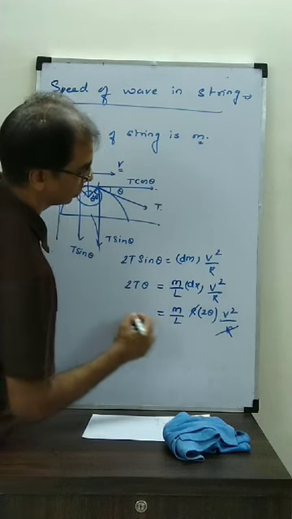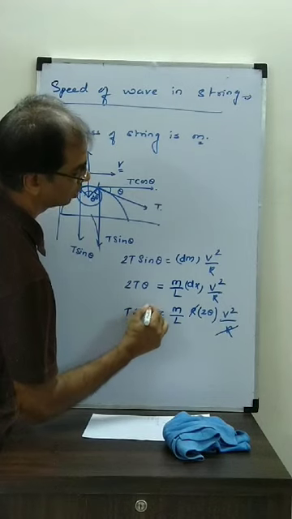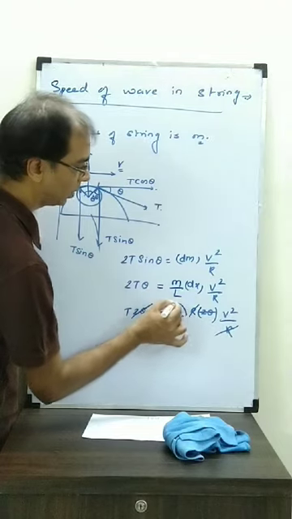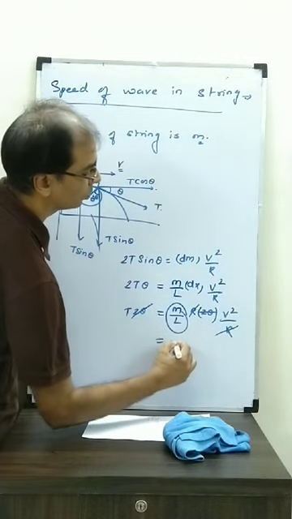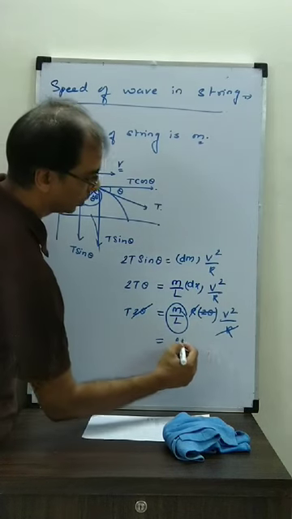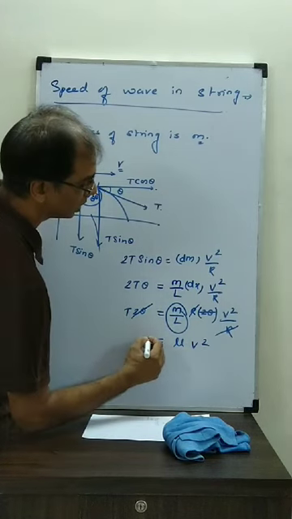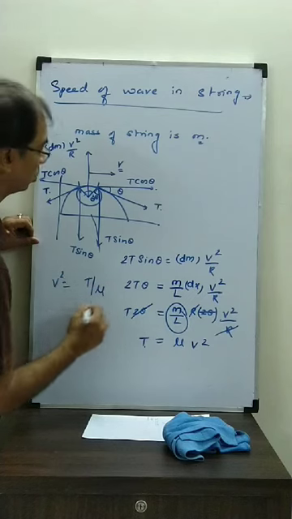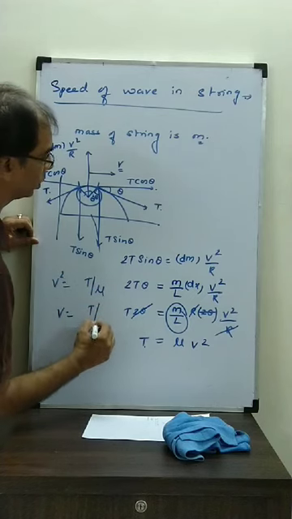R gets cancelled, 2 theta gets cancelled. And this mass by length we are going to represent with mu. We call this the linear mass density. So mu into v square equal to T. So v square equal to T by mu, or v equal to root over T by mu.